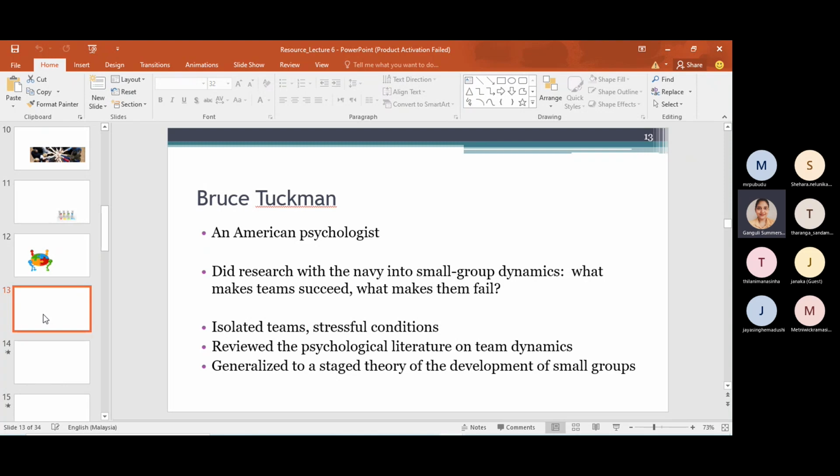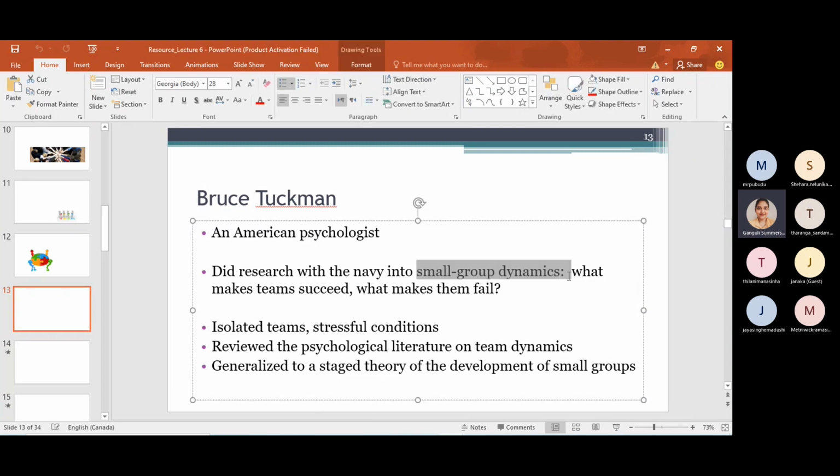Let's see who this person is. Bruce Tuckman is an American psychologist who did a lot of research about group dynamics. He studied teams and groups. That was his area of research.